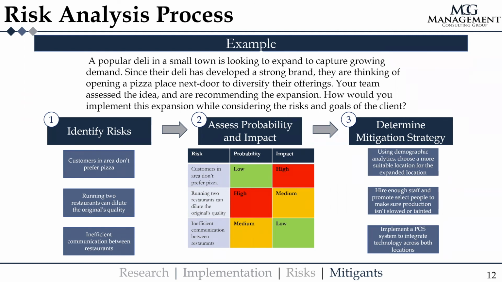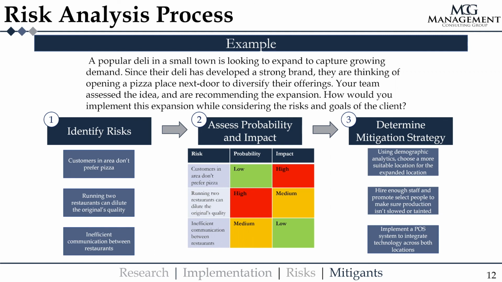Now that you've identified risks and assessed the probability and impact of them, the final step, of course, is to determine the mitigation strategy. For the first risk, that customers might not prefer pizza in their area, a good mitigant would be to use demographic analytics to determine which location has the best taste for this sort of food.